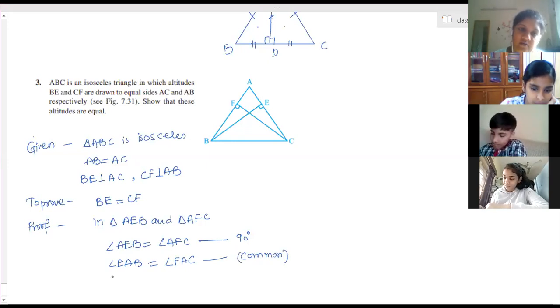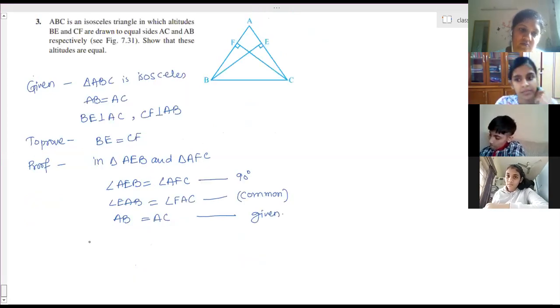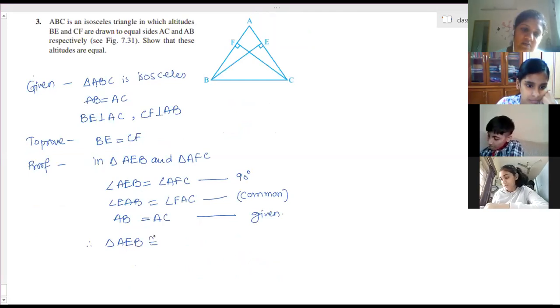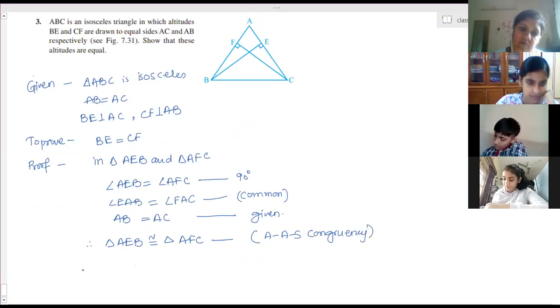And AB is equal to AC, given. So therefore triangle AEB is congruent to triangle AFC by AAS congruency. Therefore BE is equal to CF by CPCT.